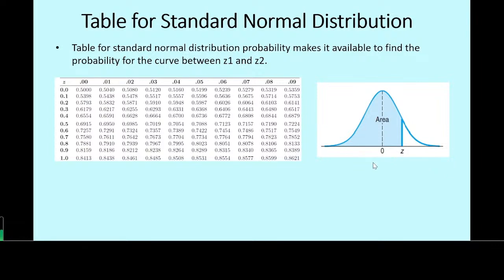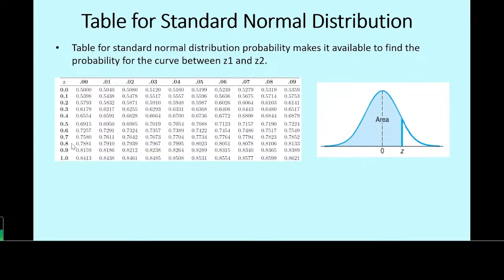So if we want the probability of X less than this z value, we take this shaded area, and the table lists the probability of this shaded area.